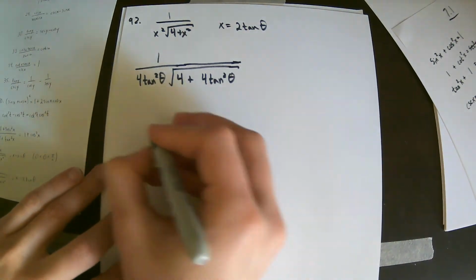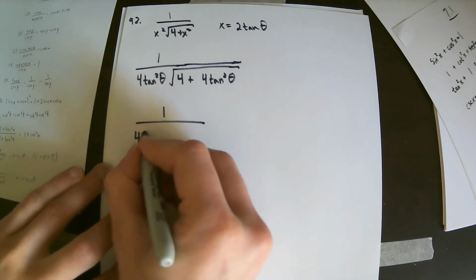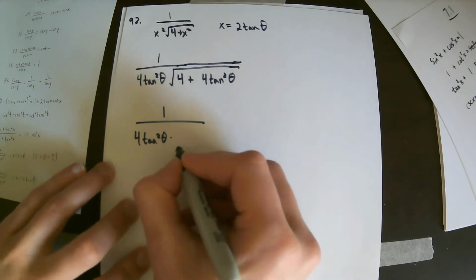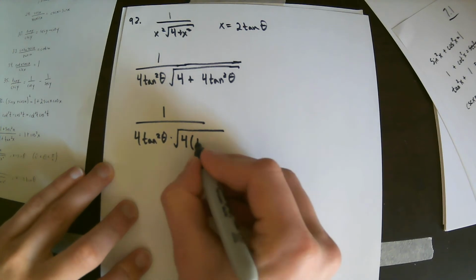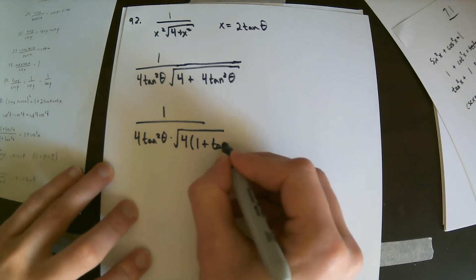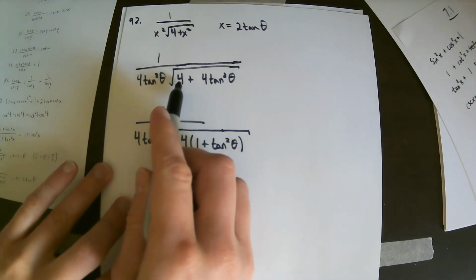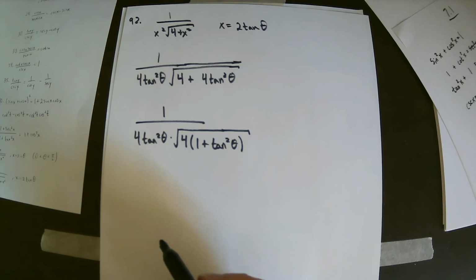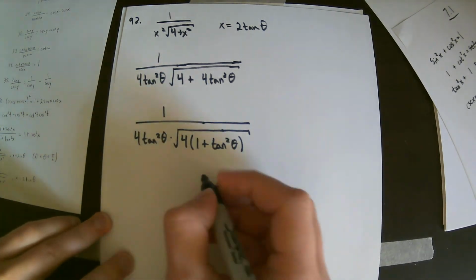Okay, and then that's going to be 1 over 4 tangent squared theta times the square root of, factor that 4 out, leaving me with 1 plus tangent squared theta. So factoring the 4 from this and this, leaving it under the radical though. Now that 4 will be coming out of the radical eventually.